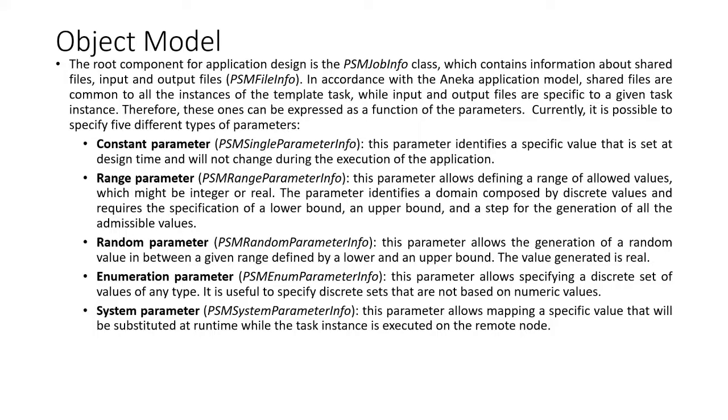It is useful to specify discrete sets that are not based on numeric values. System parameter. This allows mapping a specific value that will be substituted at runtime while the task instance is executed on the remote node.